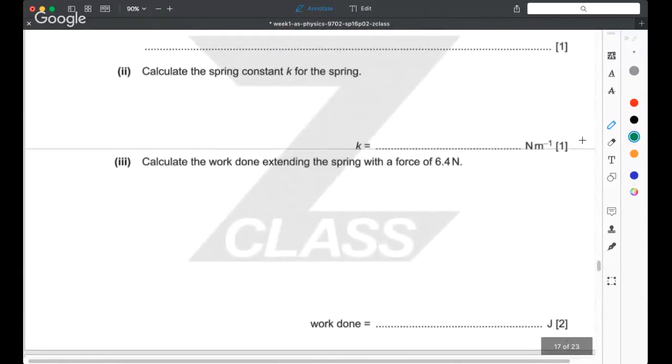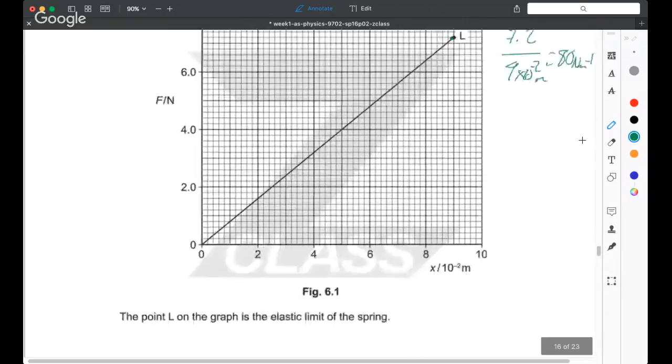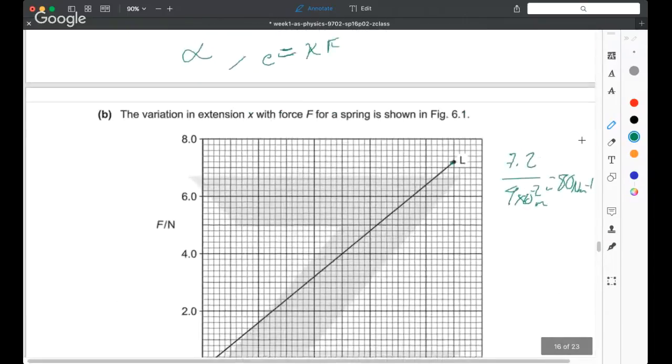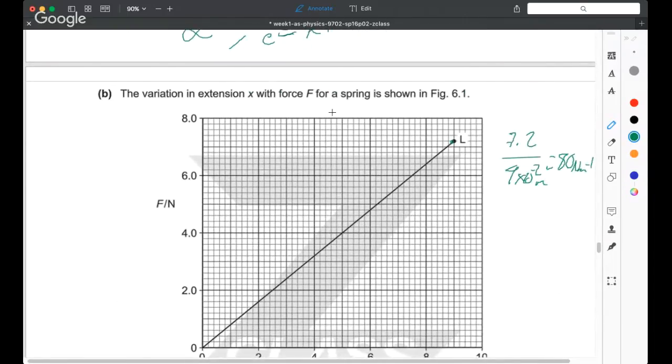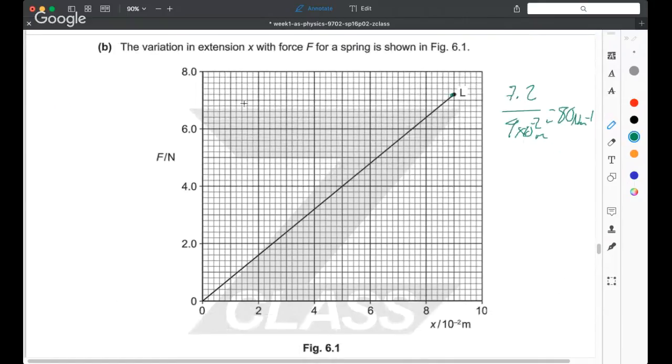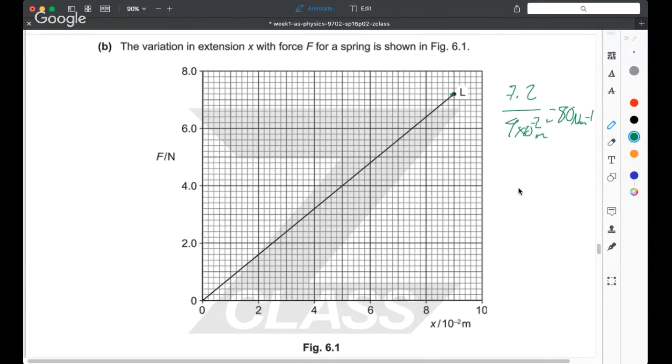So the work done is the area under the graph this time. But it has an equation. For example, I think it's half F times x. It's a square, and this line divides the square, so it's just half.